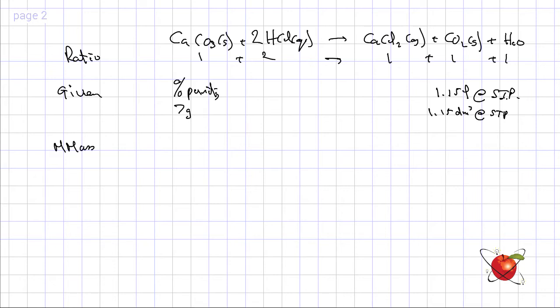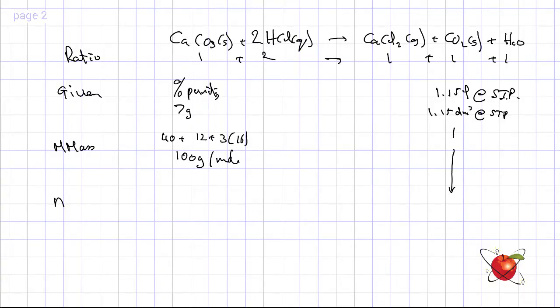The molar mass of calcium carbonate is 40 plus 12 plus 3 times 16, which gives us 100 grams per mole. Okay, and let's now work out the number of moles, using the 1.15.